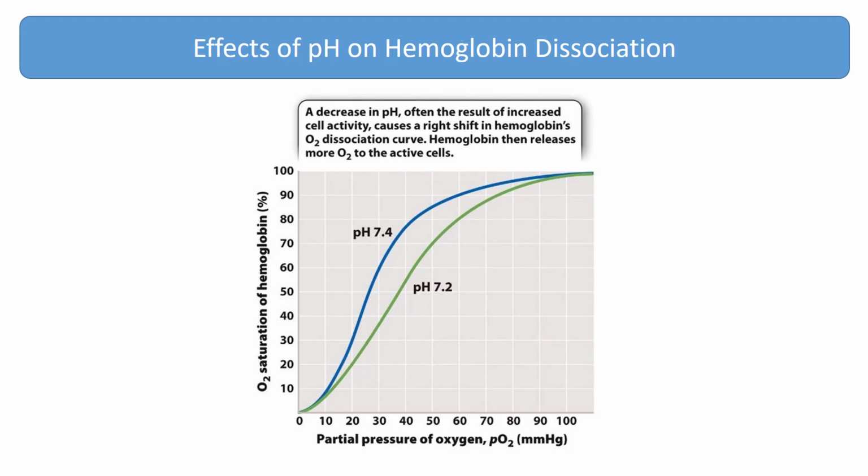Decreases in pH occur when carbon dioxide is released from metabolizing cells, or when an inadequate supply of oxygen leads to the production of lactic acid. Both carbon dioxide release and lactic acid production occur during exercise. Because hemoglobin's affinity for oxygen is reduced, more oxygen is released to the cells for aerobic ATP synthesis.